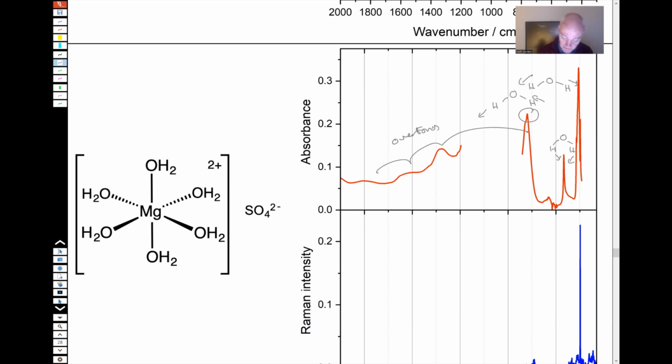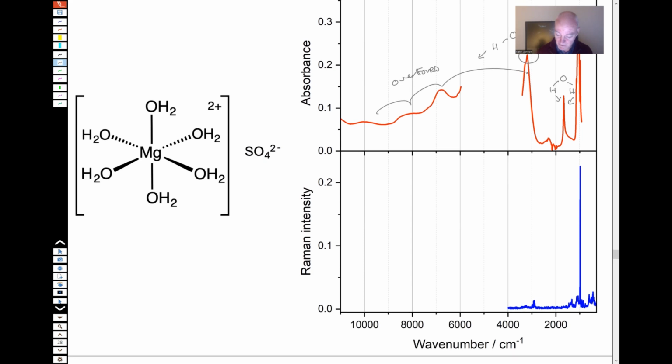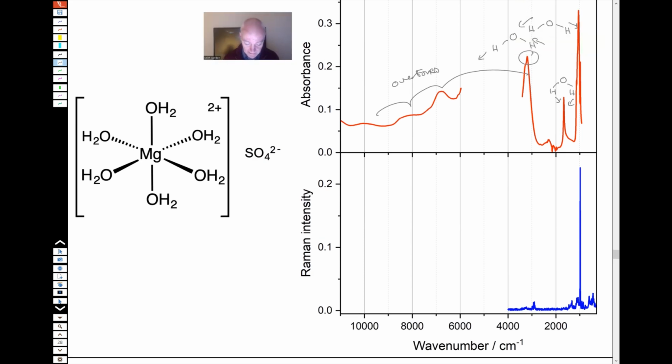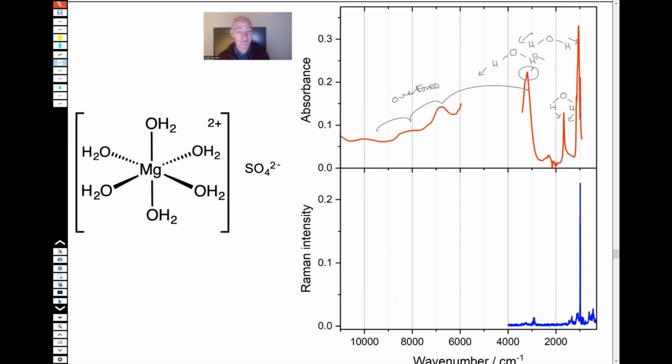So it's really a nice example to use when you look at magnesium sulfate, because in the Raman experiment, you're looking just at the sulfate, nothing else. That's all you can see. You can't see any of the water, because Raman spectroscopy is actually terrible at measuring water, which is both a good and a bad thing, but it's absolutely horrible at measuring water, and I'll explain to you why in a couple of slides.